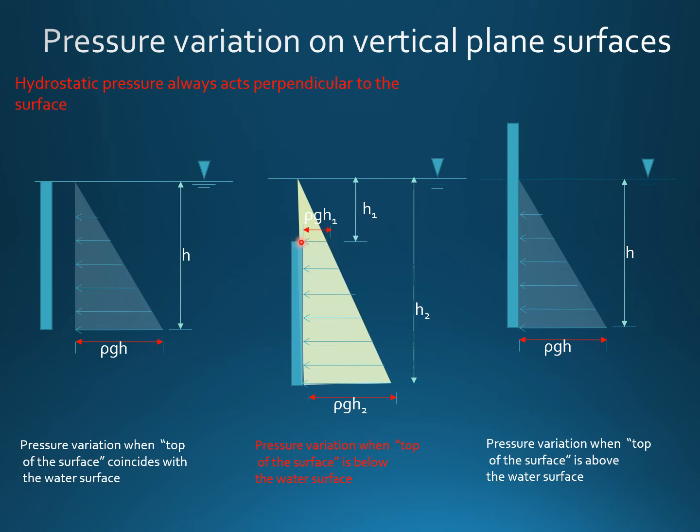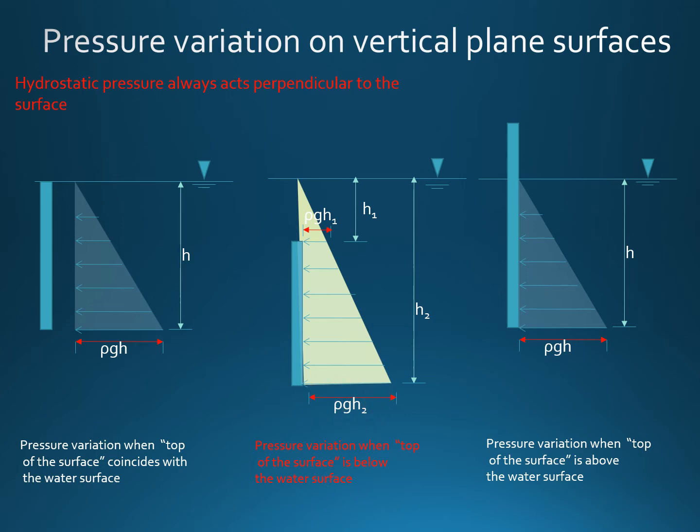If you look at the first figure here, at the top the pressure is 0, whereas in this figure, even at the top of the surface, you get rho g h1 as the pressure. So even though the distribution of pressure is triangular, the actual pressure acting on this surface is trapezoidal, because it doesn't start with 0, but starts with rho g h1 here, and then goes on increasing, and at the bottom it becomes rho g h2.